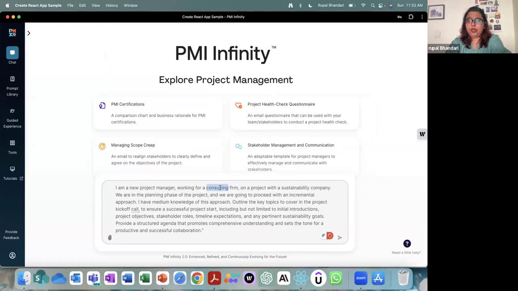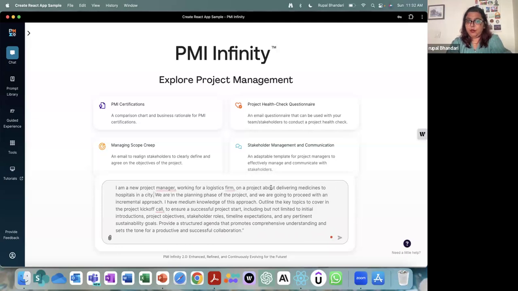I am working with a logistics firm on a project with a sustainability company. Okay, great. We're going to change this to a project about delivering medicines to hospitals in a city. Okay, let's just take that.